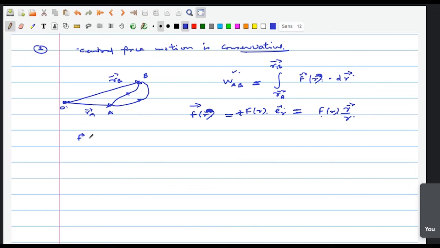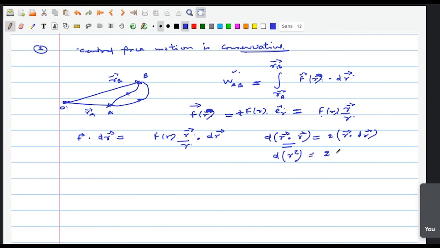Therefore, F dot dr becomes Fr times r-hat dot dr. Now we will use this differentiation, and this is also equal to d of r squared, and therefore dr dot r is nothing but r dr. So we are going to replace it here in this equation.